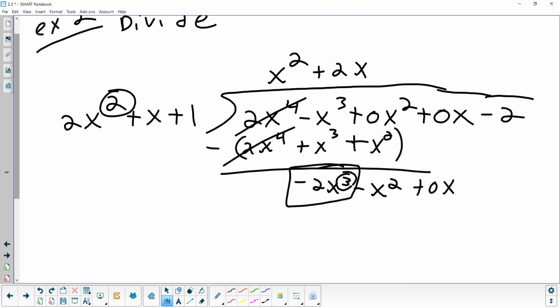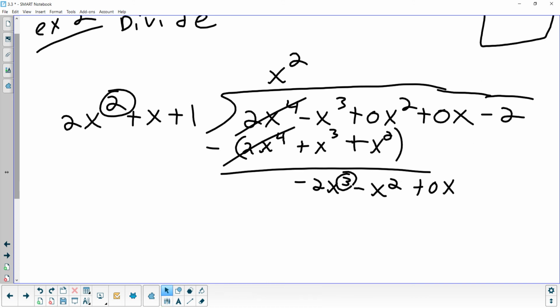No. Sebastian? Negative x. All right, let's try that. So negative x times 2x squared gives me a negative, because it's negative times positive. So negative 2x cubed. Perfect. Negative x times x. Negative x times 1.